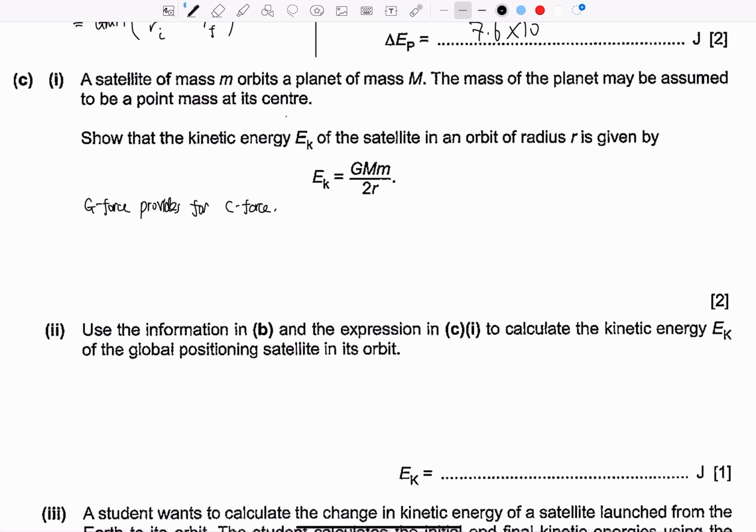So the formula for gravitational force is GMm over r squared. Small r, because the question is using small r. And for circular motion, the formula is mv squared over r. Alright.